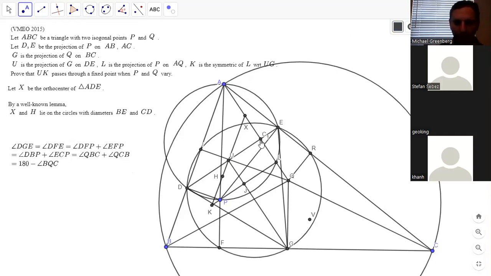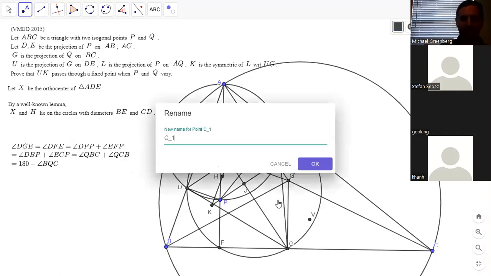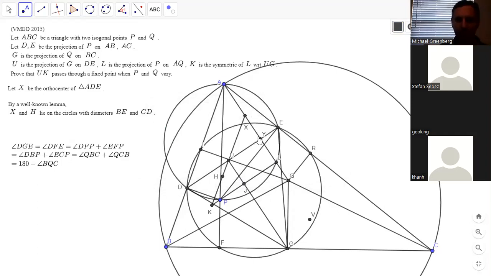So we call this Y. So UYLJ is a rectangle. So like if you reflect L across both those, it's going to be collinear with U, right? So X, U, and K are collinear. Okay.